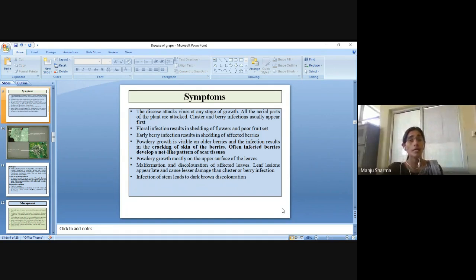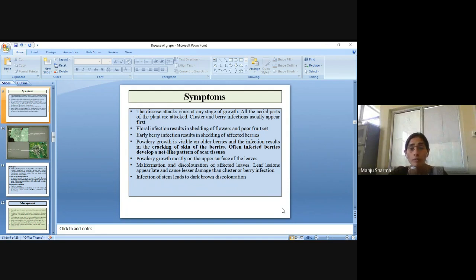And the cluster and berry infections usually appear first. So, floral infection results in shedding of flowers and poor fruit set. Then, the early berry infection results in shedding of affected berries.